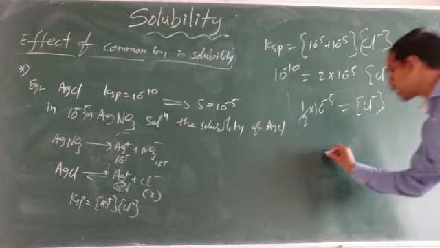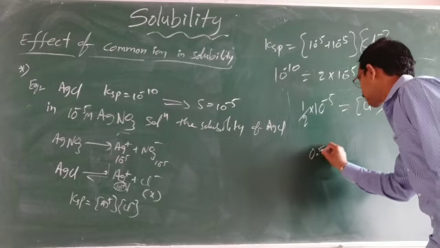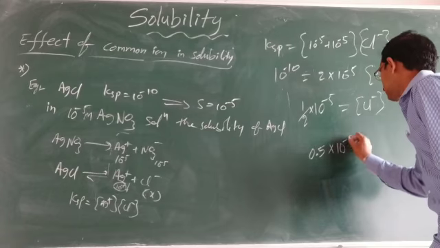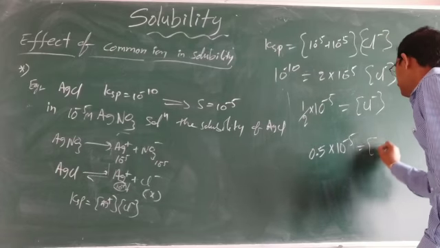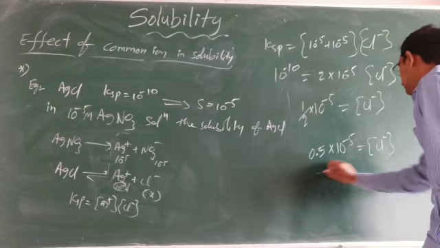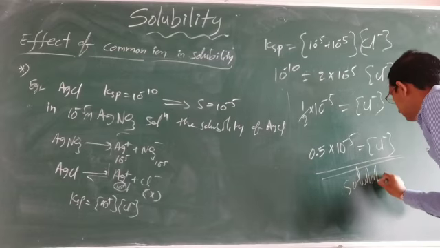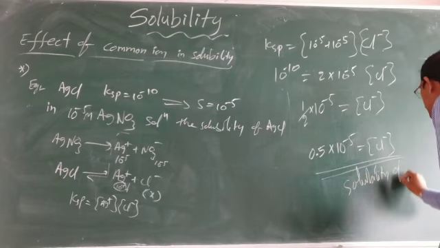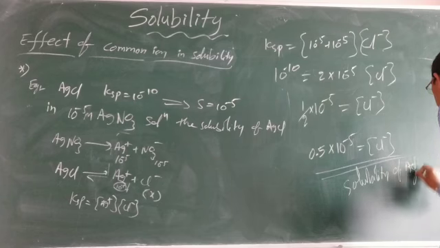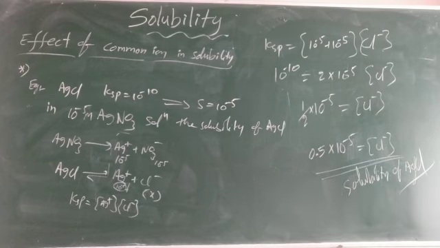So I can write it here: 0.5 into 10 power minus 5 is the Cl minus concentration. This is only the solubility of AgCl. Note.